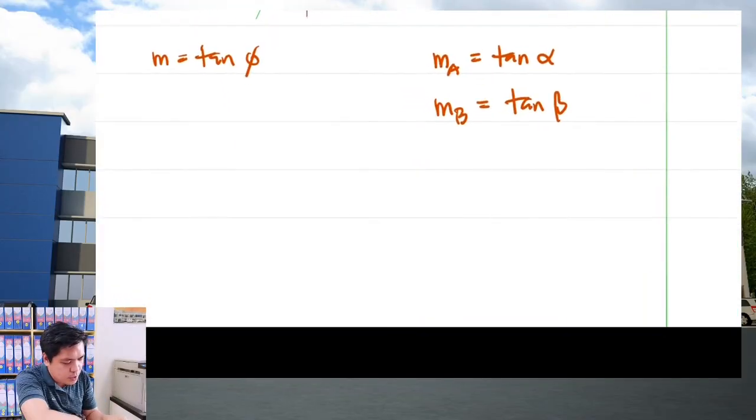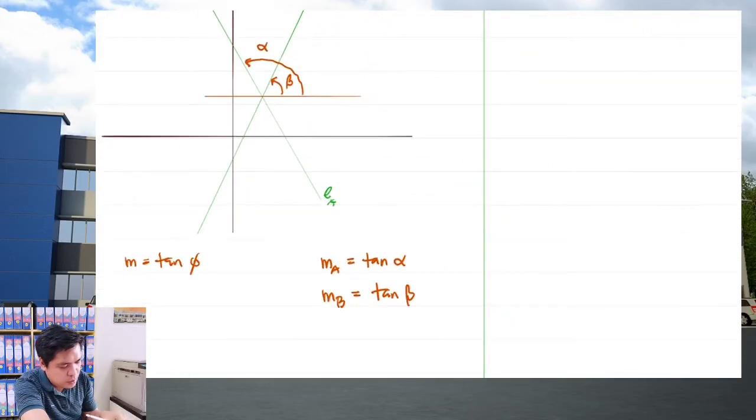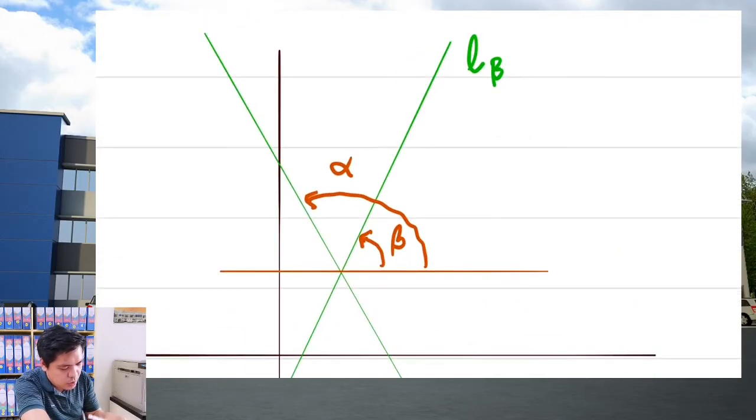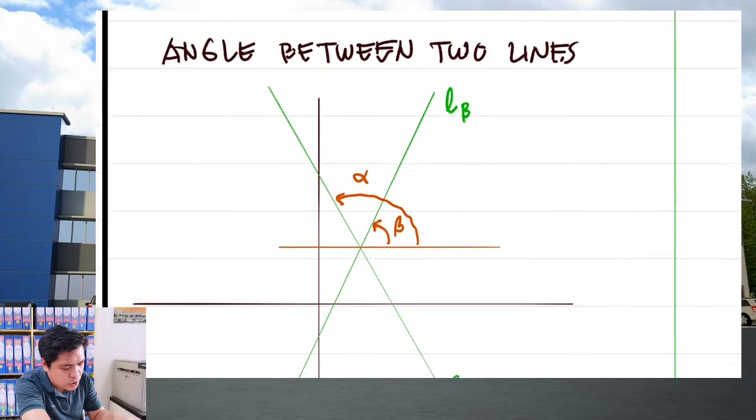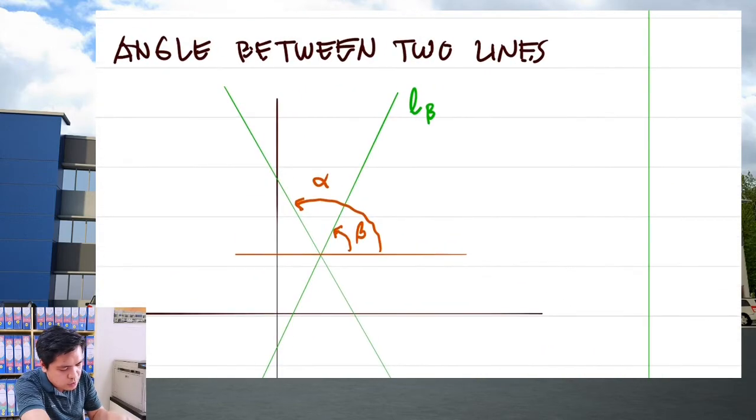Okay, now how about the angle of intersection between these two lines? If we are looking at the angle of intersection between the two lines, that would be this angle. If we are describing line A to line B, that would be this angle.